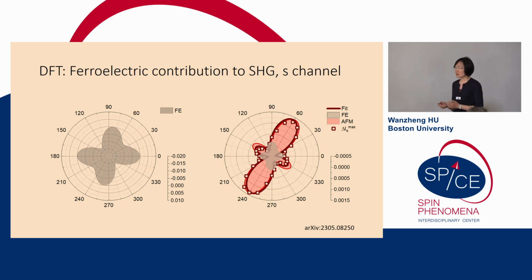What theory has not calculated at the moment is the antiferromagnetic contribution to the SHG, which is complicated because you need more unit cells to mimic this very long range antiferromagnetic cycloid order.